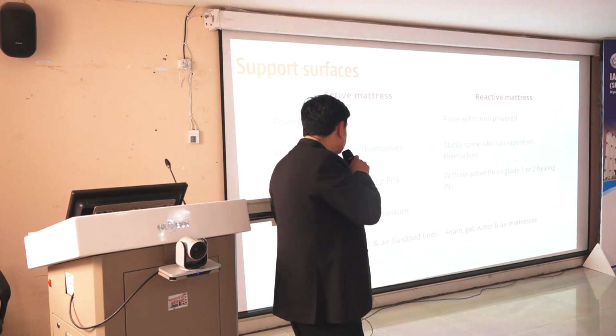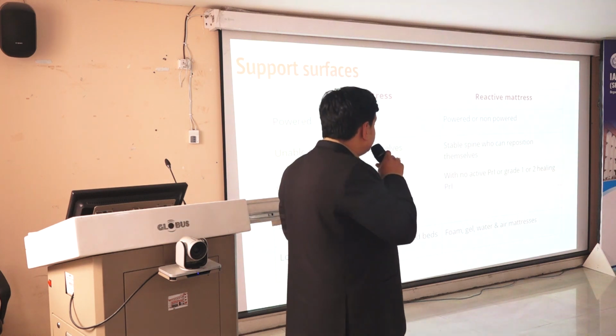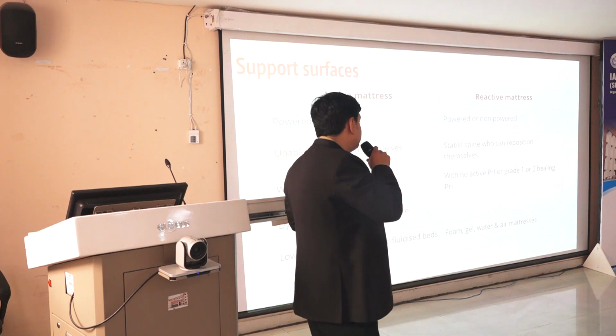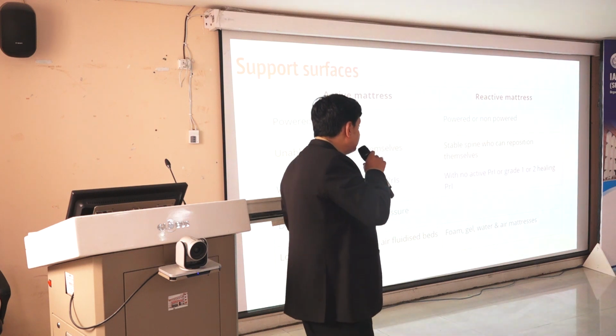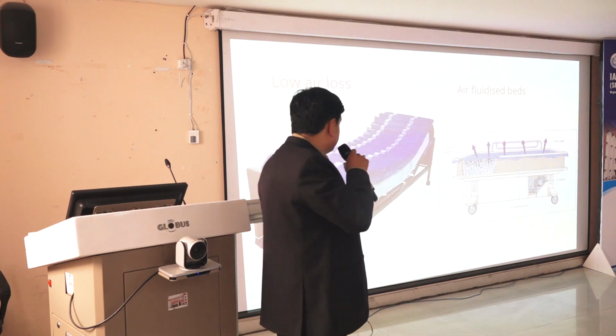Low air loss mattresses and air fluidized beds are in this category. The other foam, gel, water or air mattresses, powered or non-powered, are reactive mattresses. They are used in a stable spine who can reposition themselves, with no active pressure injury or grade 1 or grade 2 healing pressure sore injury.